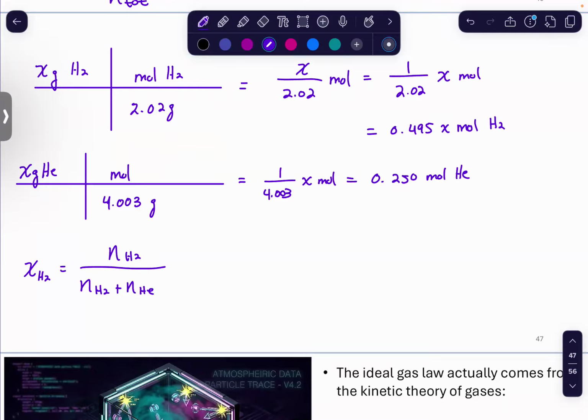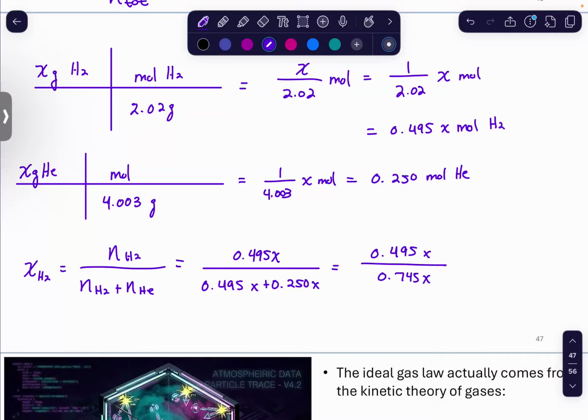Moles of H2 over total moles. So 0.495 X plus 0.250 X, and then we have 0.495 X. This is going to be 0.495 X over 0.745 X. You'll notice that the X conveniently cancels out. 0.495 divided by 0.745 is 0.664.